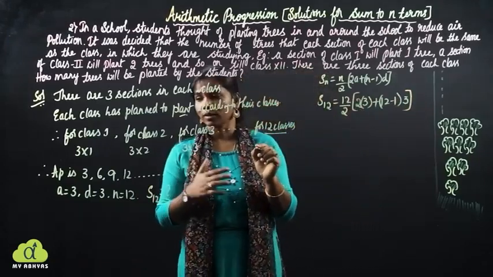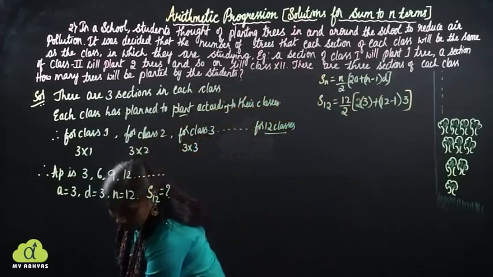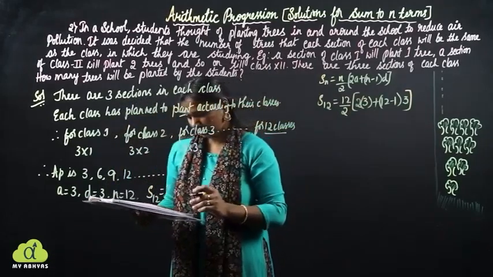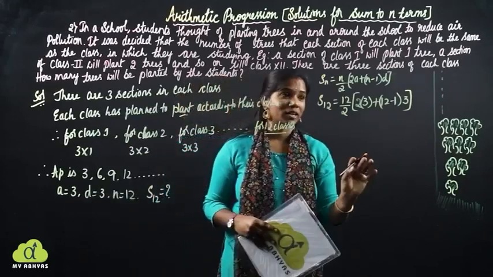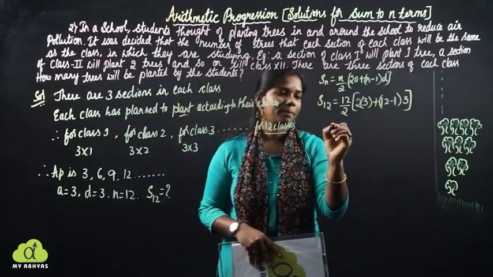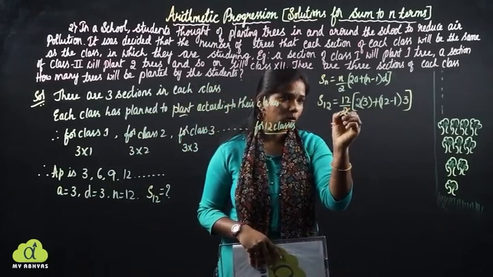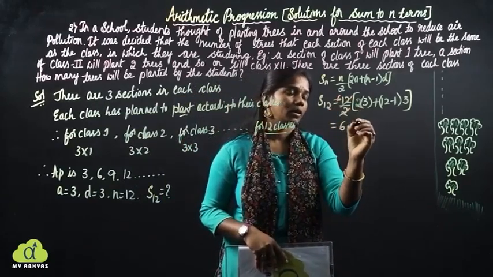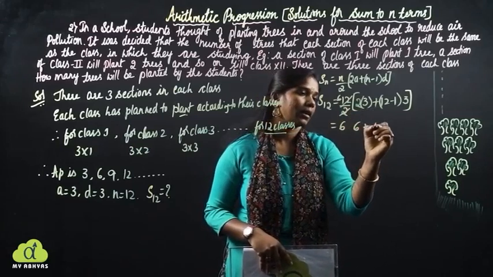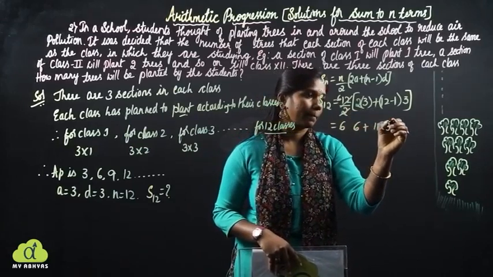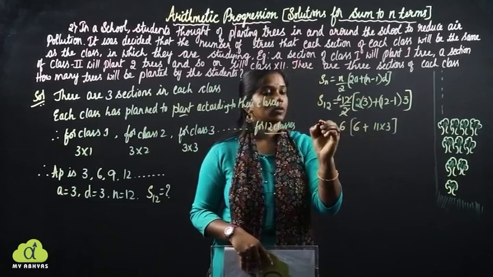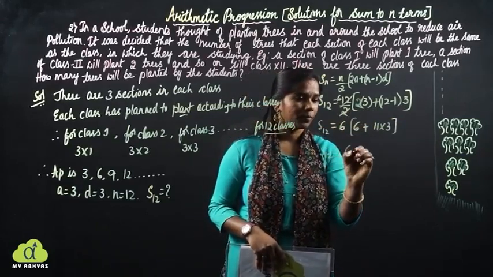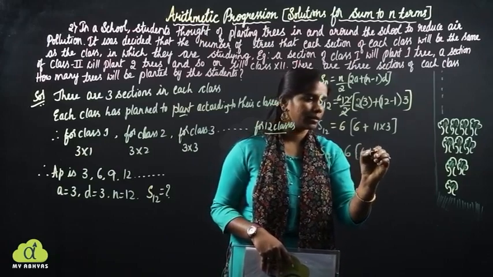Let us cross check once again. Yes, it is absolutely correct. So 12 divided by 2 is 6, and 2 threes are 6, plus 11 into 3. So S12 is equal to 6 into 6 plus 33.